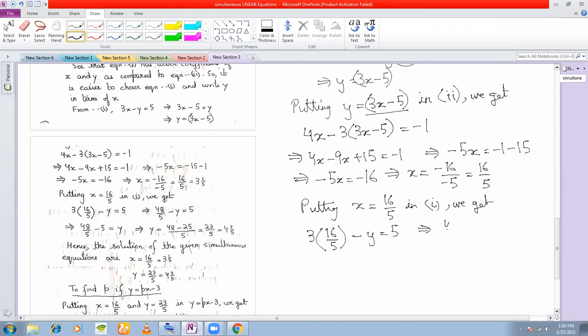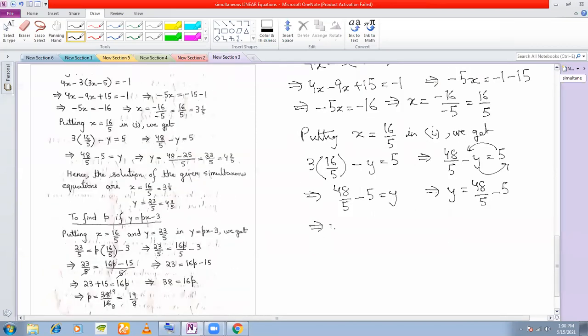That means now we get 48 by 5 minus y is equal to 5. Now you take y on this side, you bring 5 on this side. So you get 48 by 5 minus 5 is equal to y. That means y is equal to 48 by 5 minus 5.